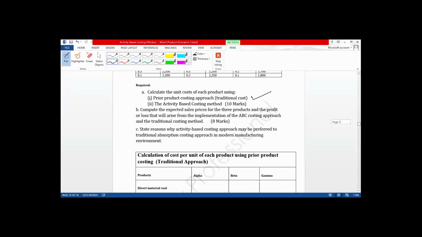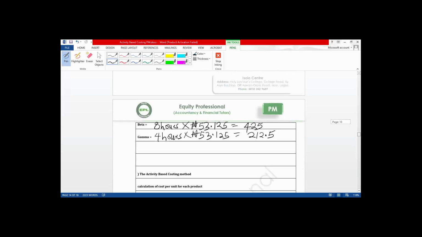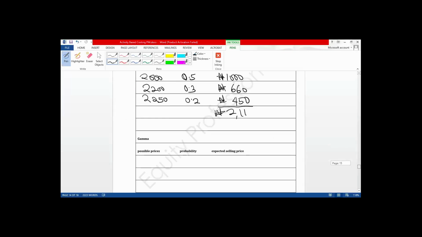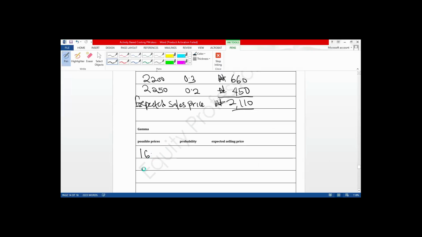Pick this figure. Please multiply. So you give me 1,120.